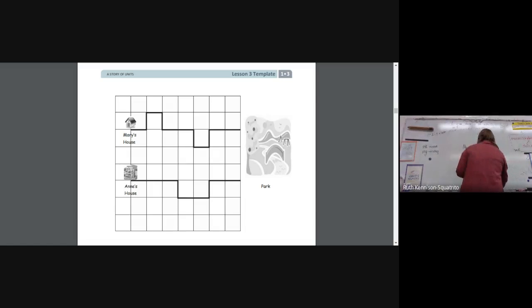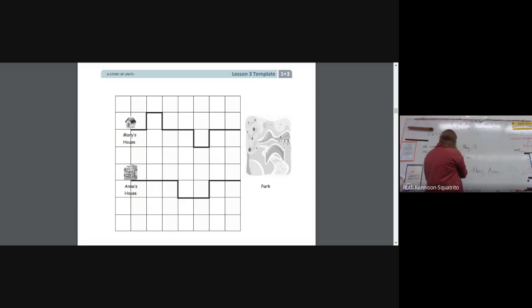So putting them in order, if Beth moves in and she has an even longer path than Mary, we'd say Beth would be the longest. Hers is longer than Mary's. And then Mary's is longer than Anne's.